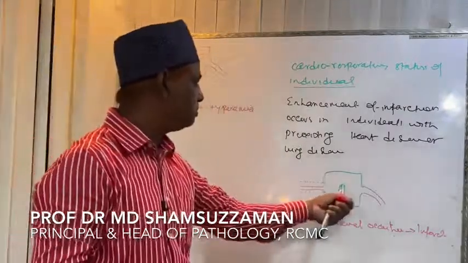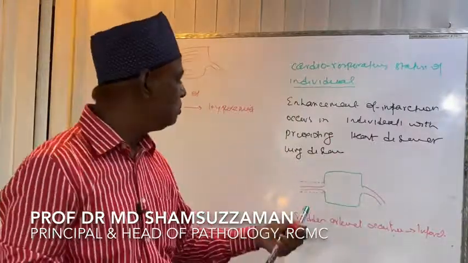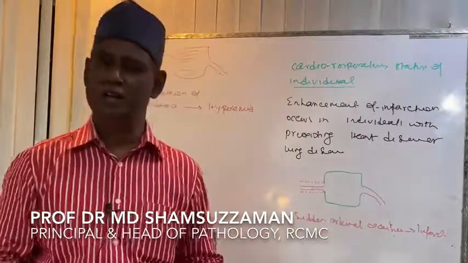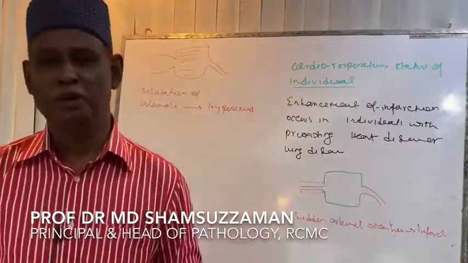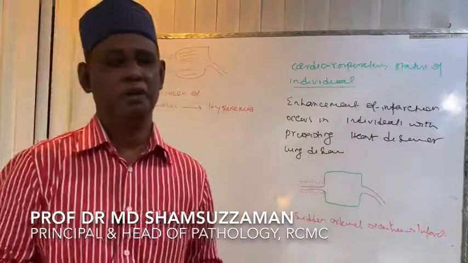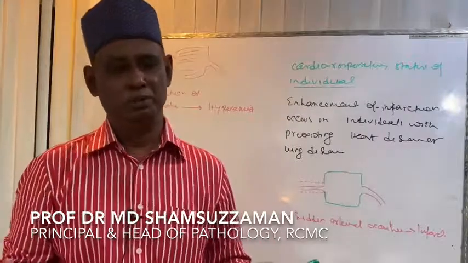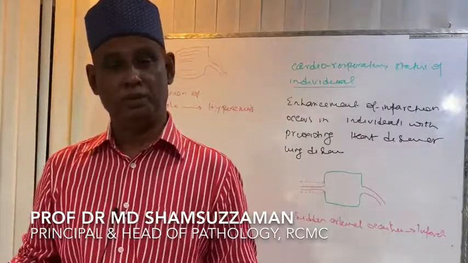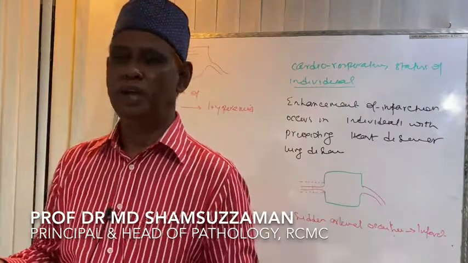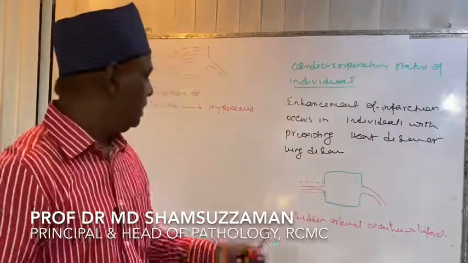There will be increased arterial blood in the tissue. So, dilatation of arteriole leads to hyperemia. So, sudden occlusion leads to infarct, but dilatation leads to hyperemia.